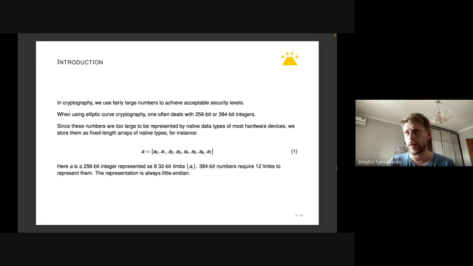Throughout the talk, and in most of our code base and most other code bases, the representation is always little endian. Little endian meaning that the first number, A0, is the least significant part.